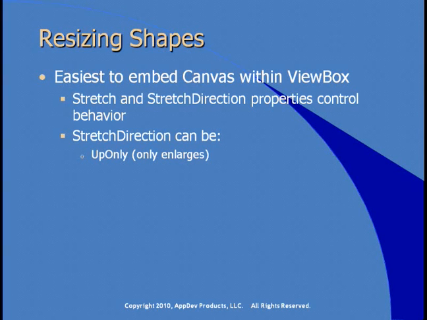They'll never get smaller than their design time coordinates. There's down only, which means things only shrink. They never get larger than they were at design time. Or both. Things shrink and grow. That's the point of the viewbox, is to make things inside it change shape.